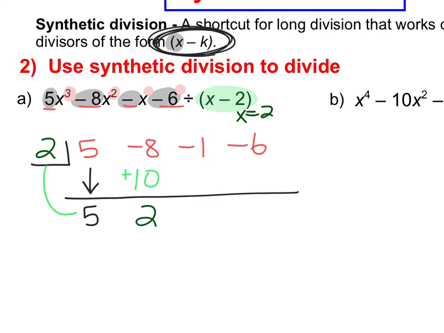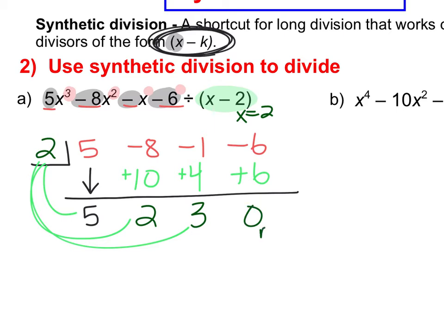And then I repeat, I multiply that 2 back, that's a +4. And then I combine together, so -1 plus 4 is a +3. Multiply that back, that's a +6. Combining like terms, -6 plus 6 is 0. This last term will always be your remainder. So this has a remainder of 0.